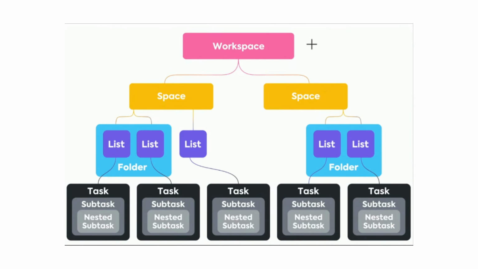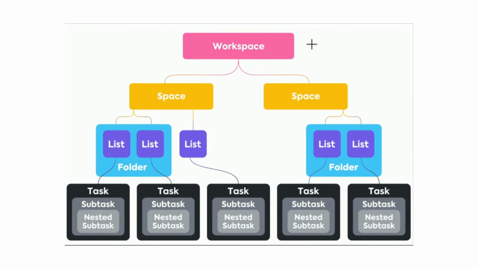Inside these spaces, you organize your work into lists. Lists are where your tasks live and can be grouped together within folders to keep things organized and make it easier to manage related activities. Finally, within each list, you have tasks, which are the core units of work.